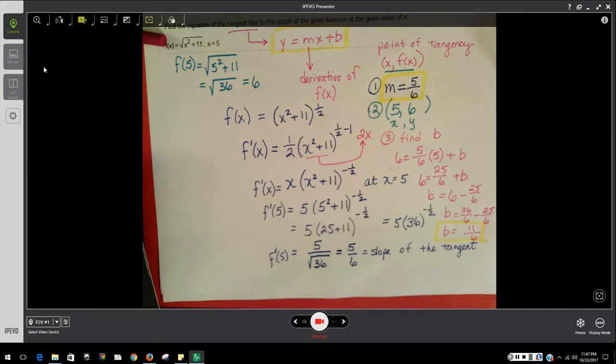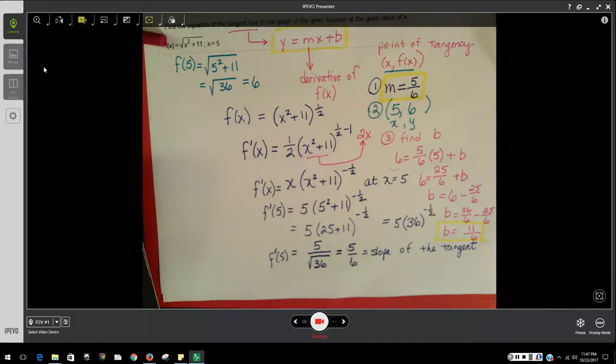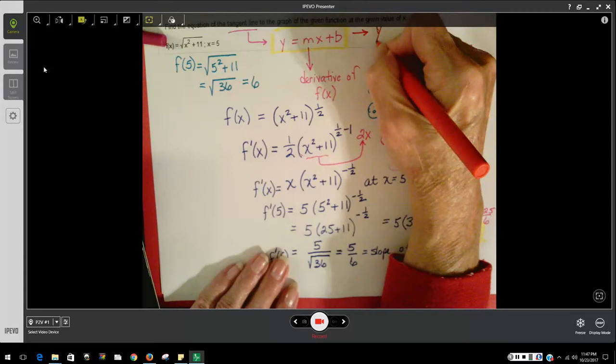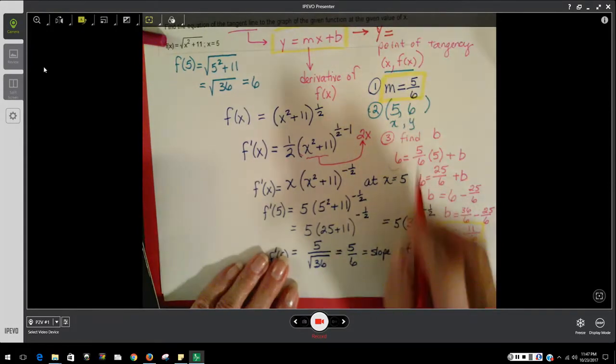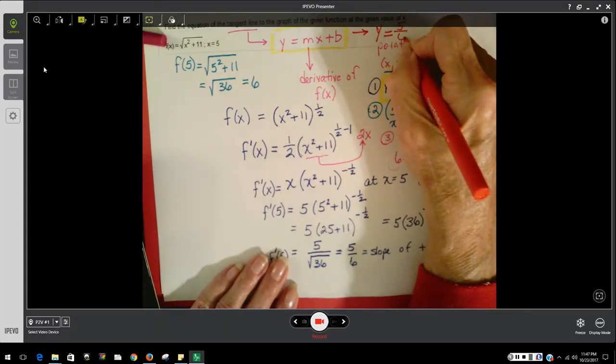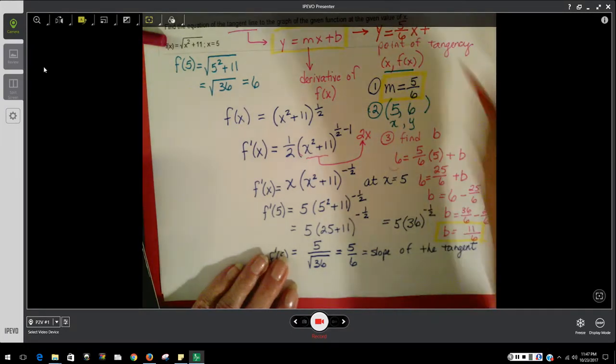So that means that the equation of our tangent line is y equals 5/6 times x plus 11 over 6.